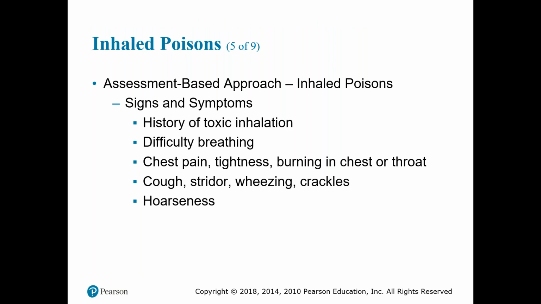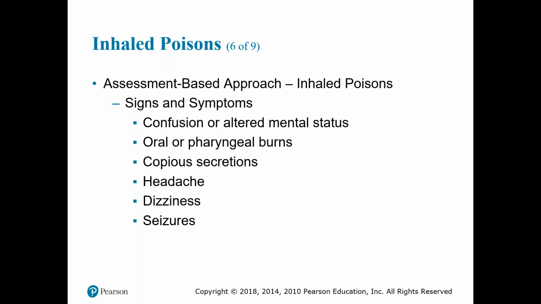Diving into signs and symptoms, we could see difficulty breathing, chest tightness, cough, stridor, wheezing, crackles. So those are a variety of different abnormal lung sounds that we could hear depending on the poison and then also depending on how the patient actually reacted to that specific poison.